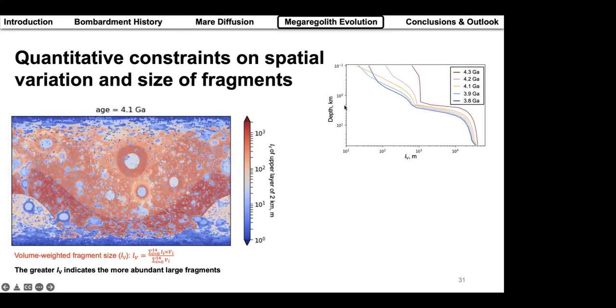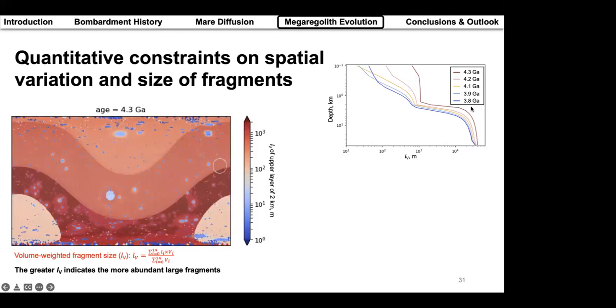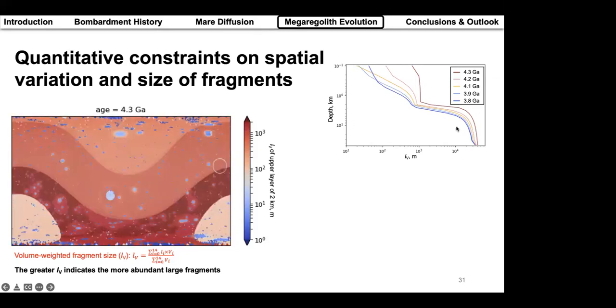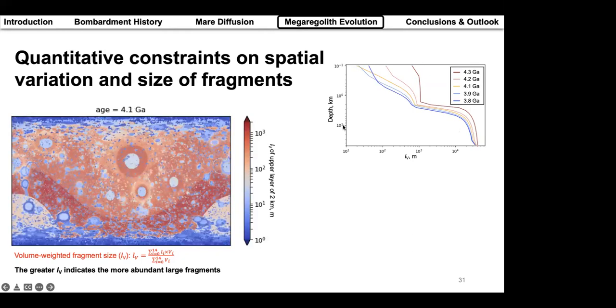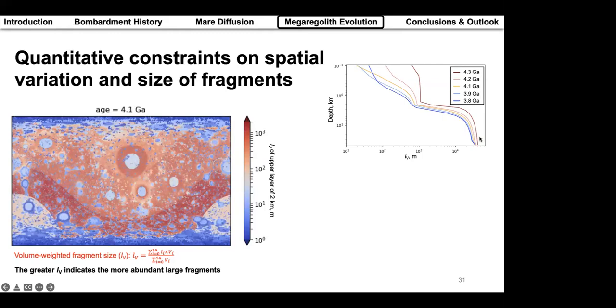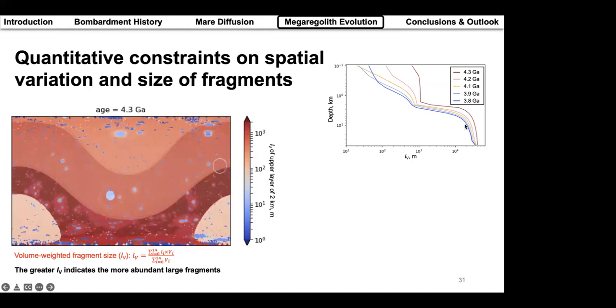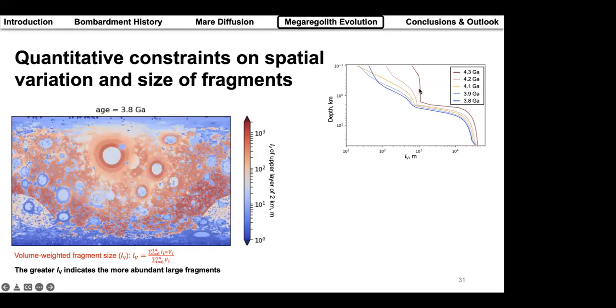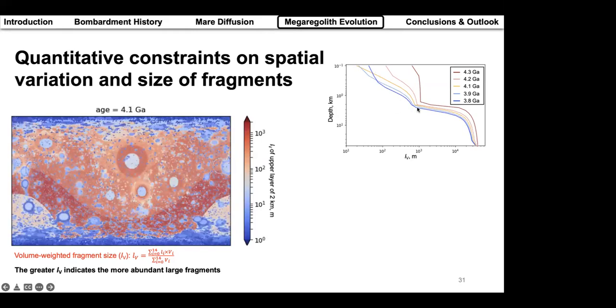You can see these layer structures, and at depths greater than about 10 kilometers, there is very slight variation with time, but the major differences are in the top 2 to 3 kilometers.